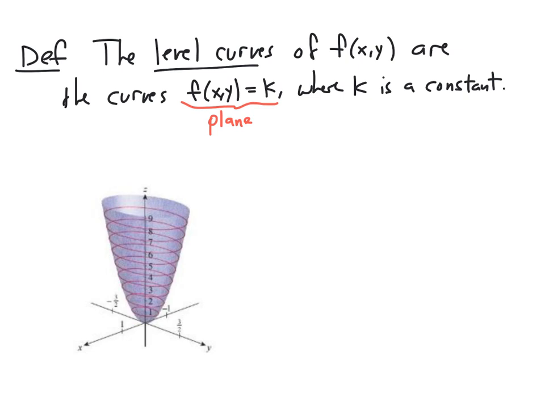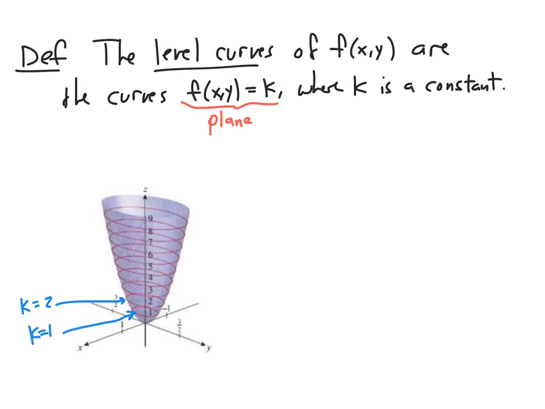And so if I take k equal to 1, the level curve with k equal to 1, set the graph equal to 1, the image is this circle right here. So this is what happens when k is 1. That's the intersection of z equal 1 with this surface. When I take k to be 2, we get the second circle.